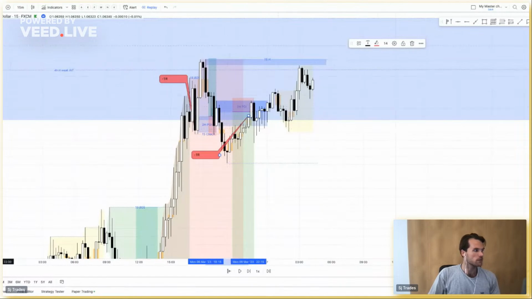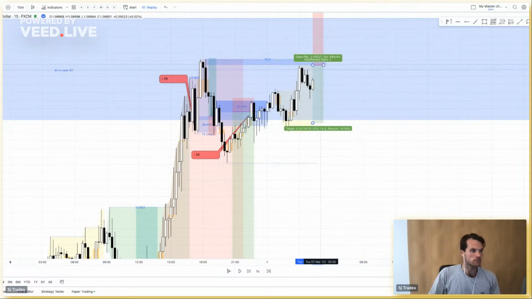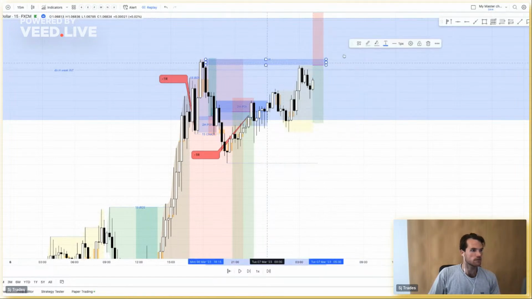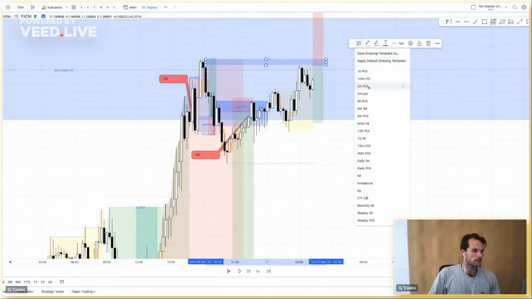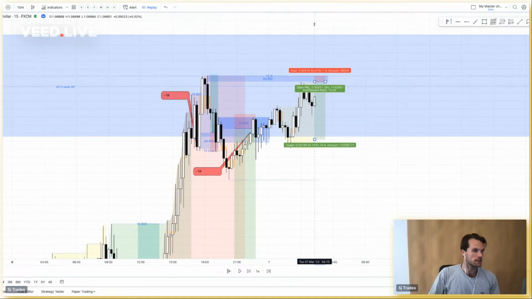Let's see. Yeah, I think it's... Let me just label this. Sometimes you will take 2 losses, but especially if you're looking inside this 4-hour POI for a point of reversal, I think I will give just my normal 6.